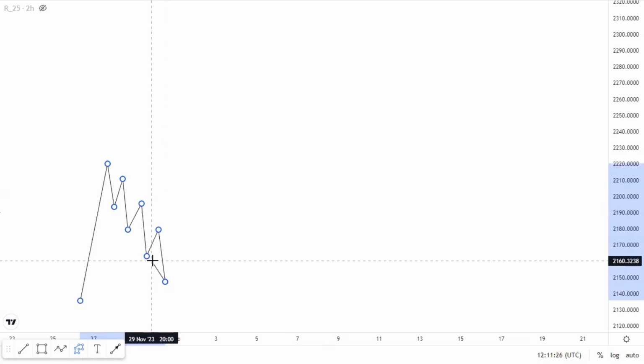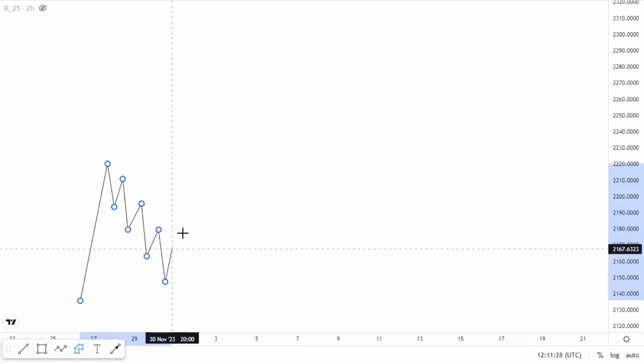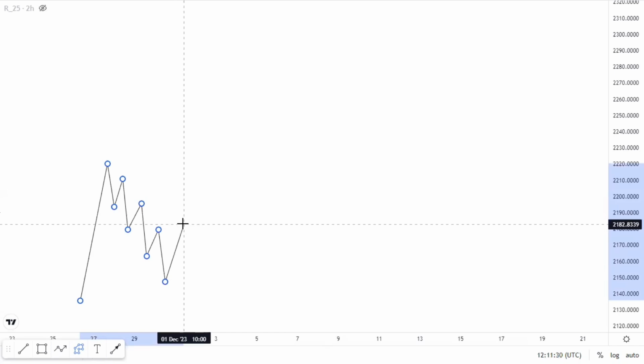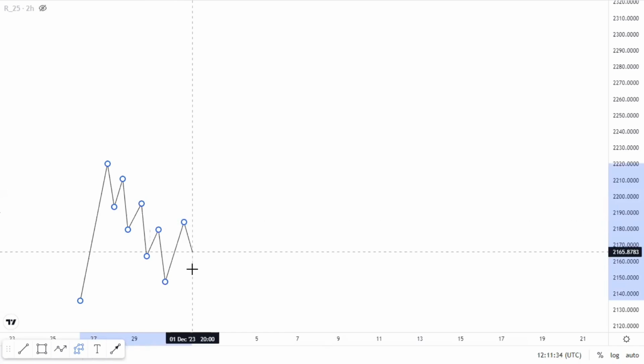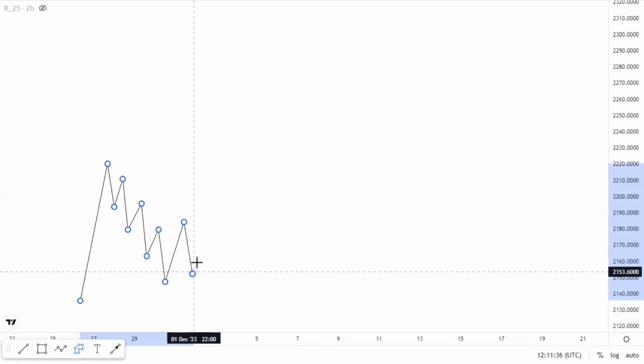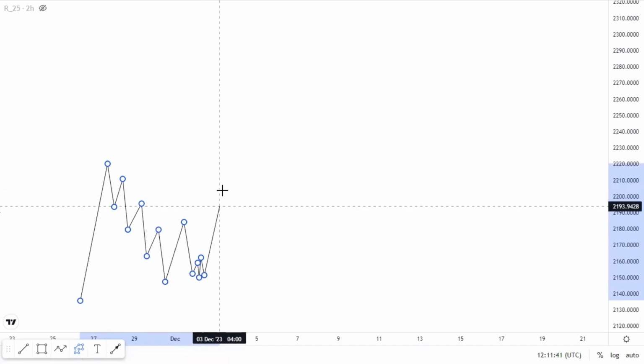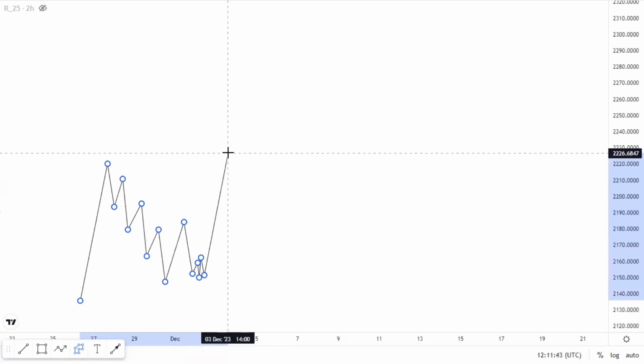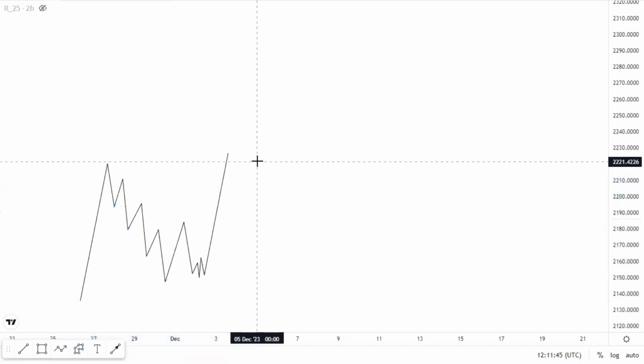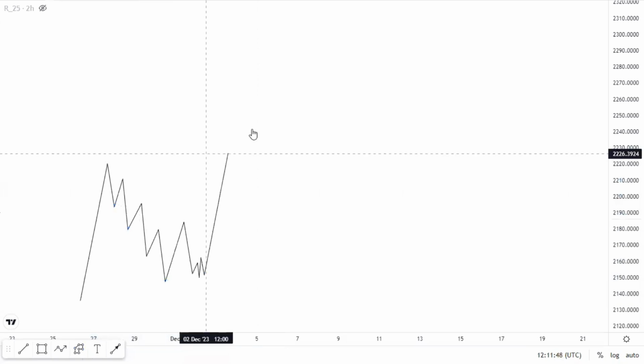So this low is the last break of structure to the downside. I wait for market to invalidate that area and break it to the upside. Then I wait for market to get to this area and still do something like that also. Then I will make a continuation to the upside. That's one of my entry confirmation, but this is not what I use, but you can actually use this, guys.